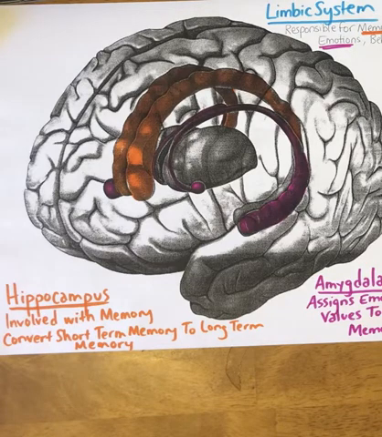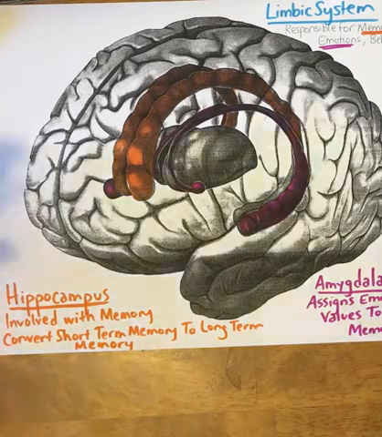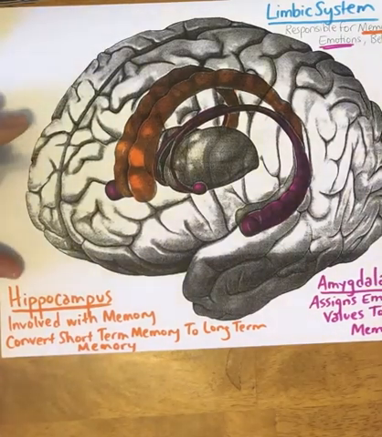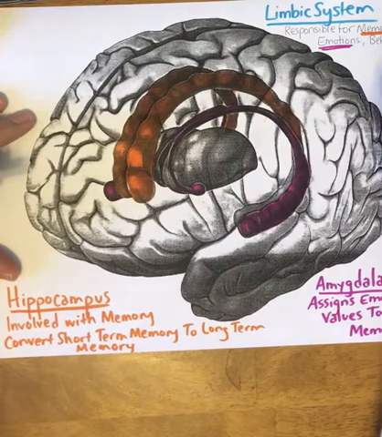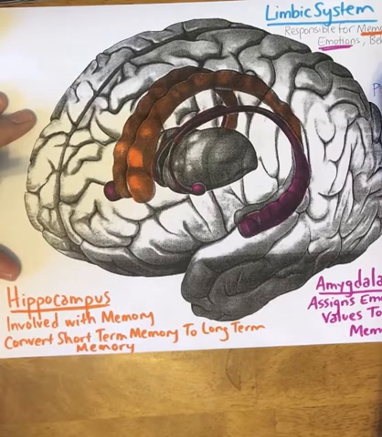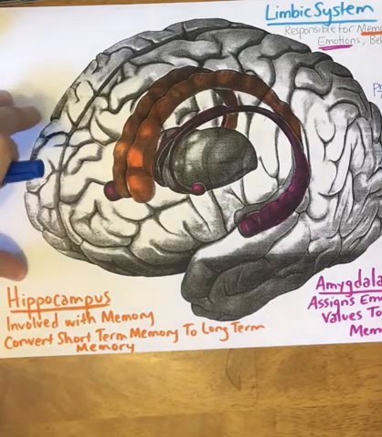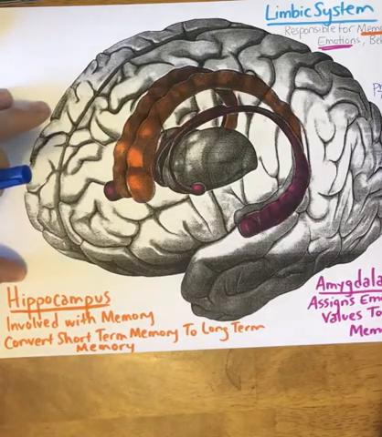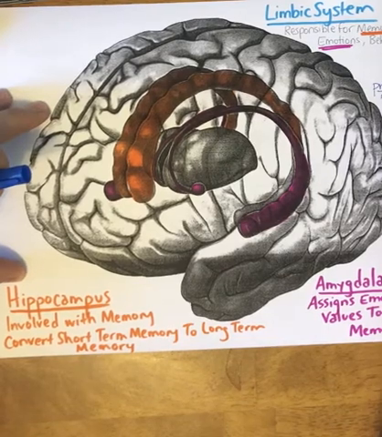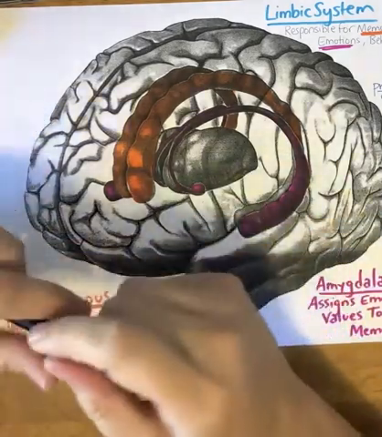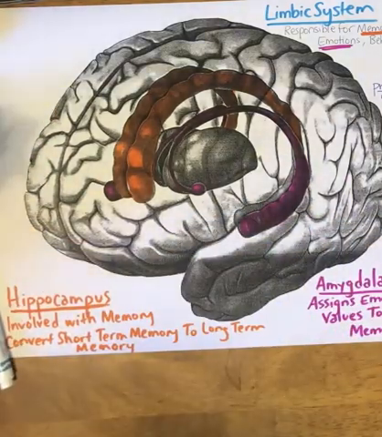Now, the other thing that we talked about with the limbic system is the site of your primary olfactory cortex. Your primary olfactory cortex is involved with smell. Now, smells are the only special sense that is associated with emotion.